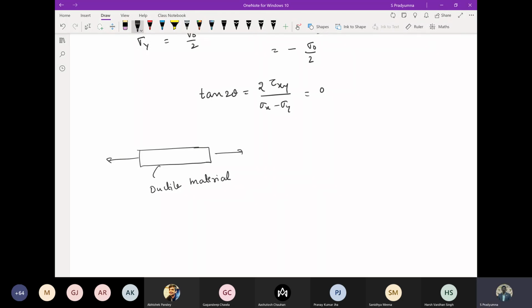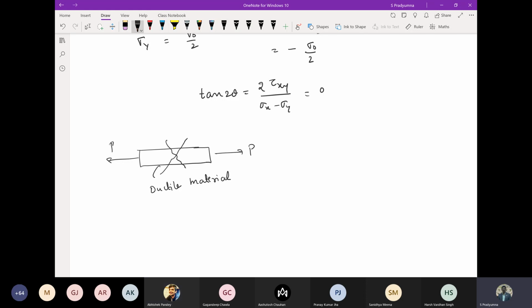Can you tell me what is the direction of the failure plane? Some load I apply till it breaks. Roughly 45 degree, because of maximum shear stress. It breaks like this, correct? Or it is possible that it may break like this also.